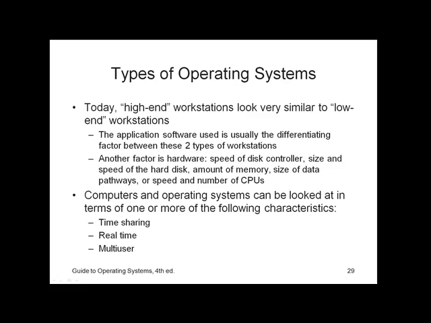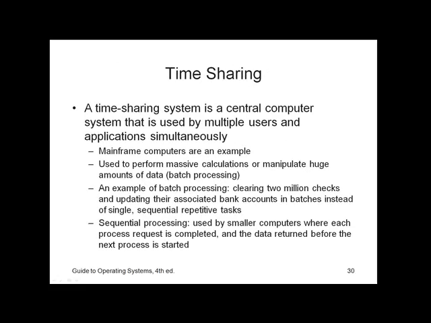Computers and operating systems can be looked at in terms of one or more of the following characteristics: time sharing, real time, or whether or not they're multi-user. A time-sharing system is a central computer system that is used by multiple users and applications simultaneously.